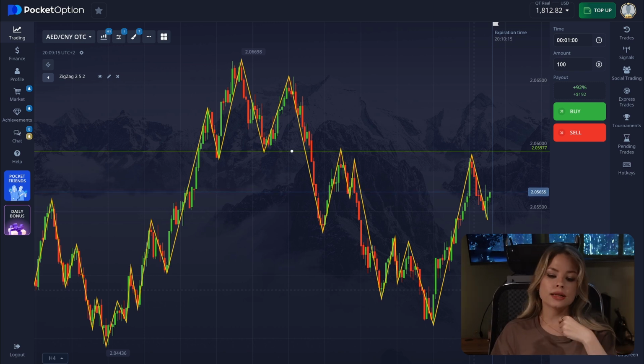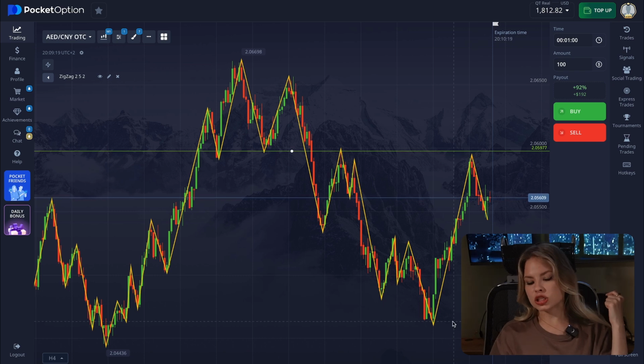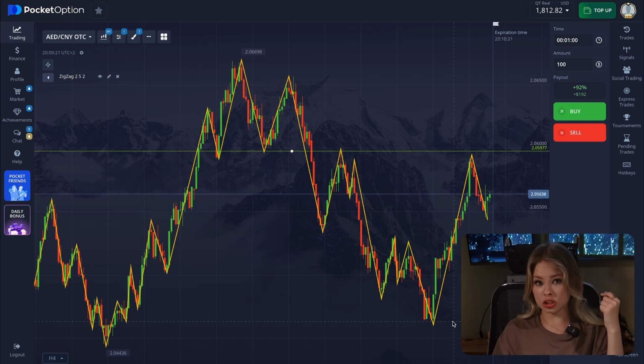So it's just an additional visual tool to see which way the market is changing. So guys, remember that ZigZag doesn't give clear signals to enter a position. It just draws you a picture of the past.